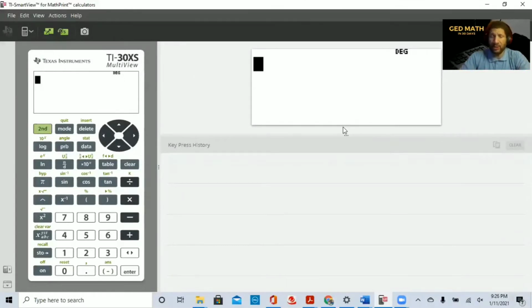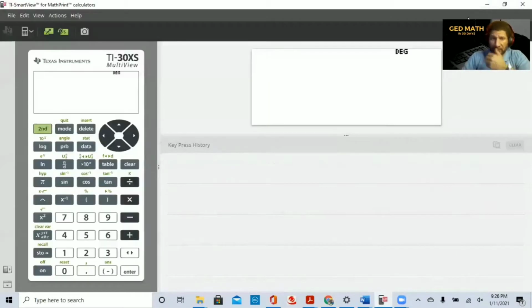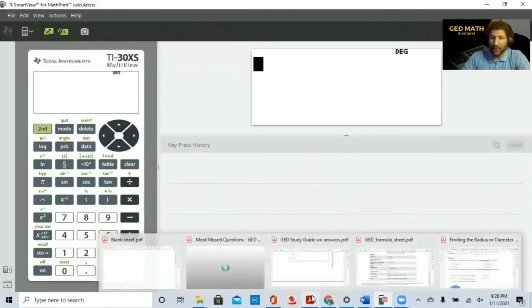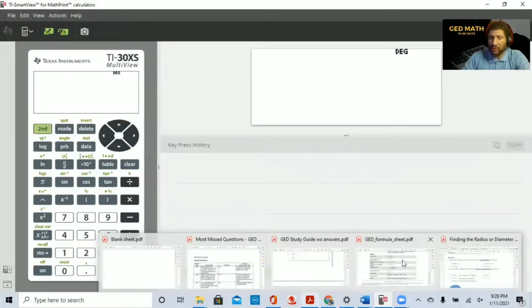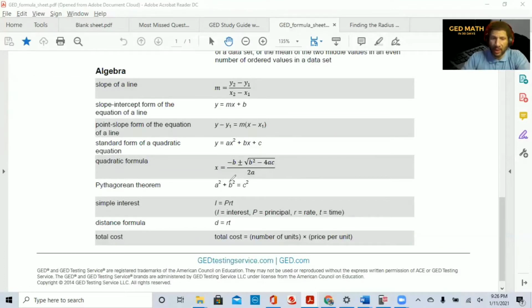First of all, I want to explain to you that your formula sheet is your best friend. Your formula sheet and your calculator are your best friends. So first of all, let's go to the formula sheet. Since they have given us the area, on our formula sheet, let's scroll up.